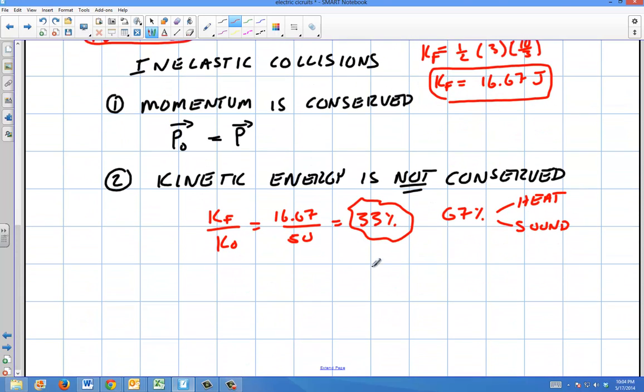So this is normal for inelastic collisions to see very little of that kinetic energy retained. If we were doing elastic collisions, it's the complete opposite. You retain all of the energy, but inelastic, it's definitely not conserved, because two objects can come and hit each other and not even move off at all. And again, the rest of that energy went off as heat and sound.